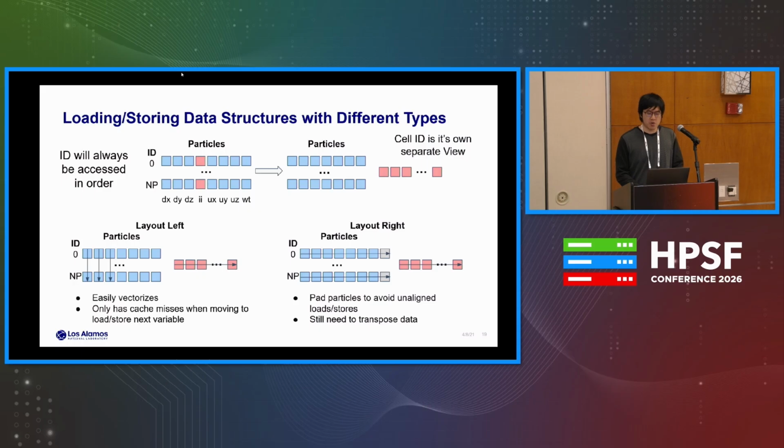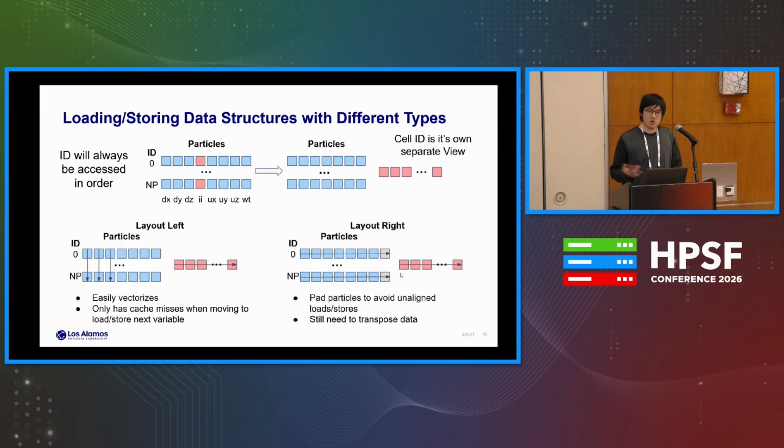So as mentioned, because of the mixture of float and int, we have a separate view for the cell ID. And if you're doing layout left, it's more or less fine, because with the particles, we are always accessing all of them in the same increasing order every time. There's no worries about random access, just load everything.